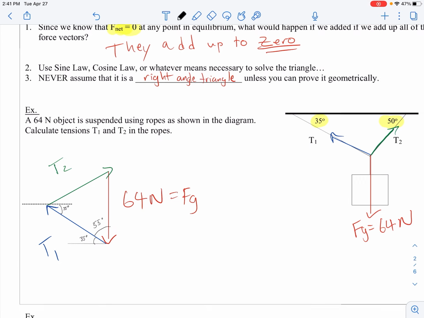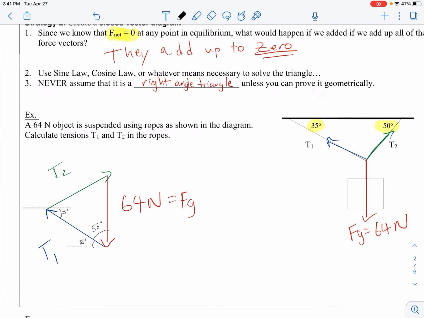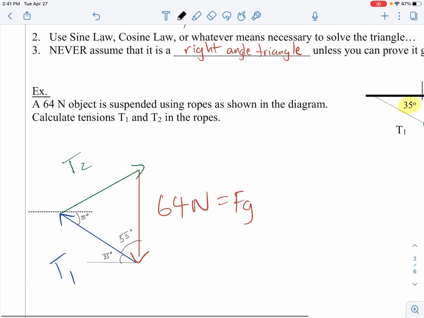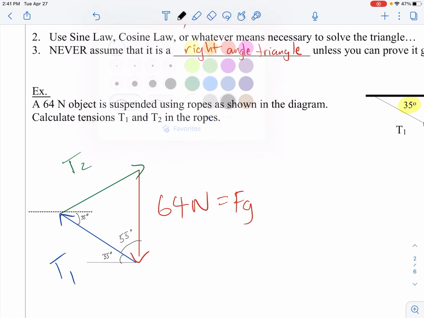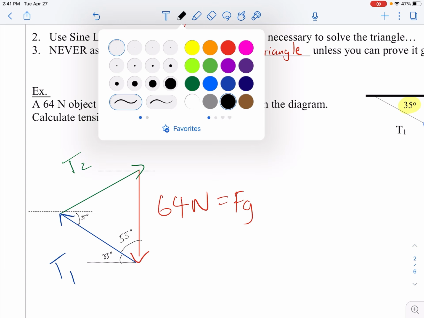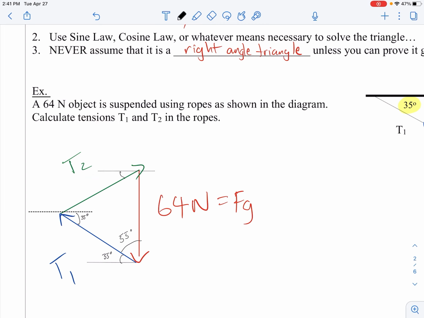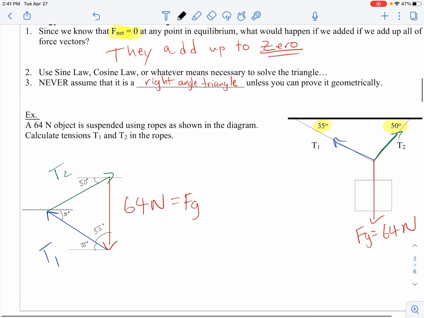We can do the same thing for T2. I can establish that the angle made here at the top on the exterior is going to be 50 degrees, as given over here.